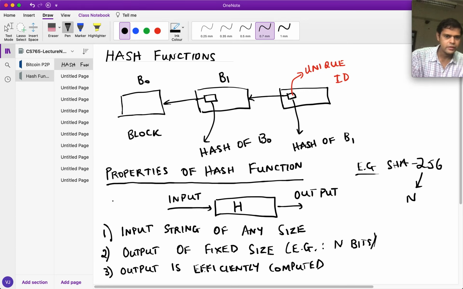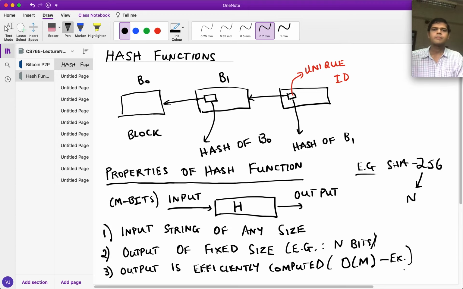Let's say that if the input had m bits, then computing the output, we would want it to be of order of n. So m can be of any size, n is fixed, and to calculate the output it should take time order of n. So these are some of the basic properties of the hash function.